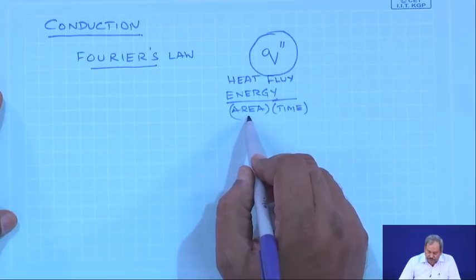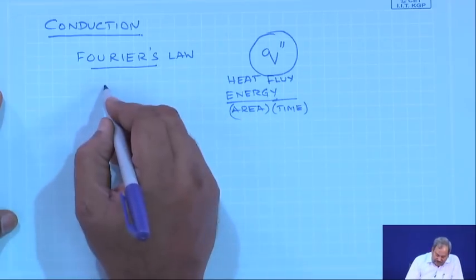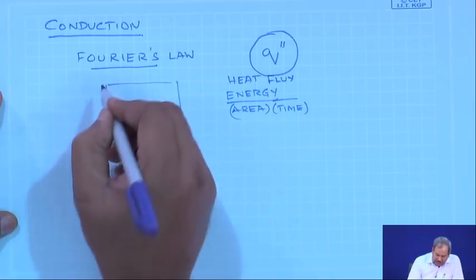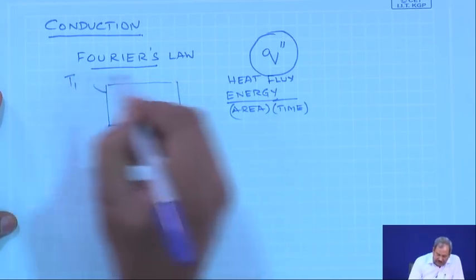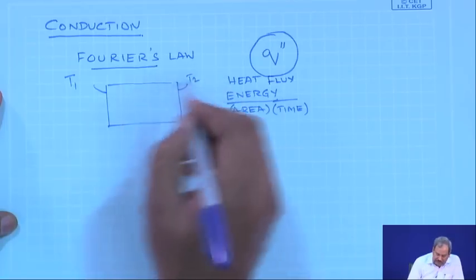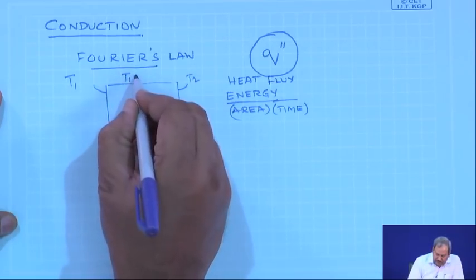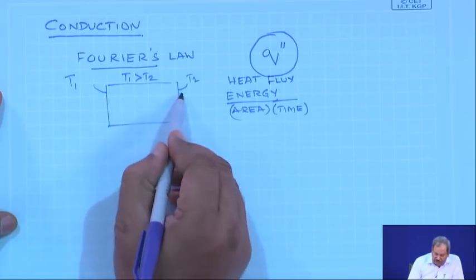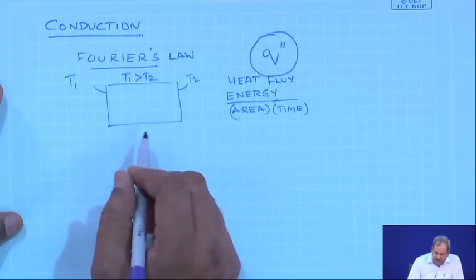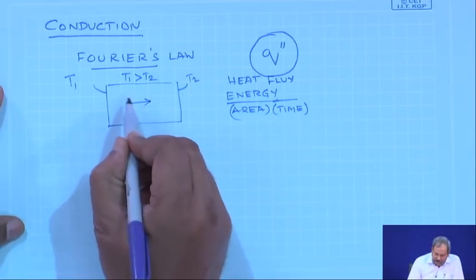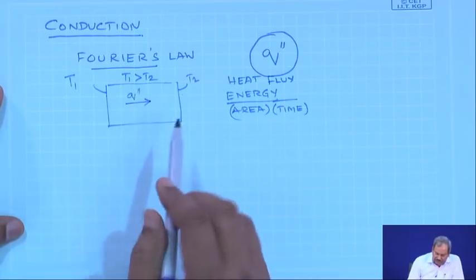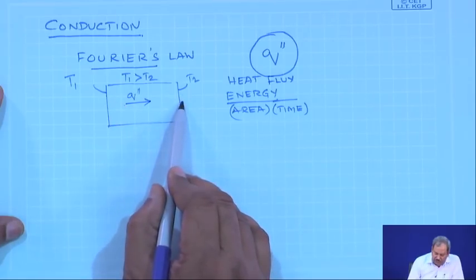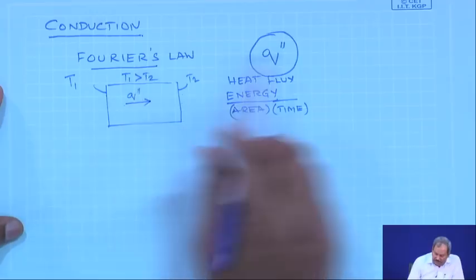unit area. So, if we have an object and this temperature is maintained at T1 and this is maintained at T2, and let us assume that T1 is greater than T2, then of course, heat is going to move from location 1 to location 2, and the heat flux q double prime is the amount of energy transferred from 1 to 2 per unit time and per unit area.